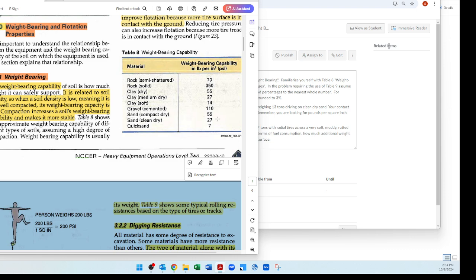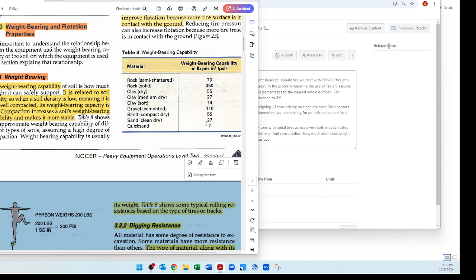So we came up with 25 psi, and the load-bearing capacity is 27 pounds per square inch. So there's not a problem, but do you want to cut it that close? Could we not just change the tires on it before we even start?